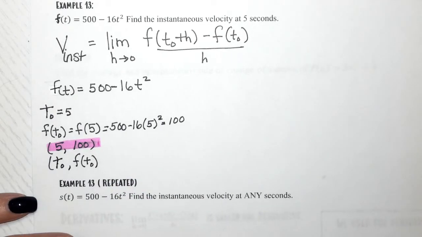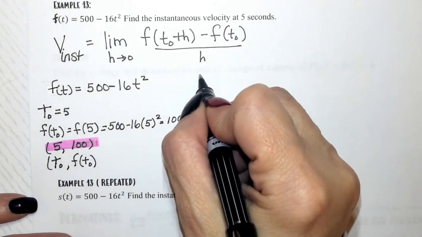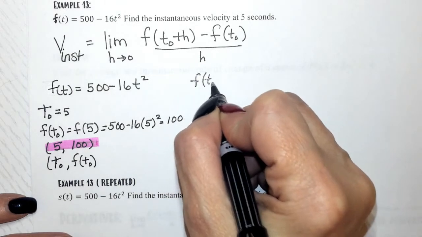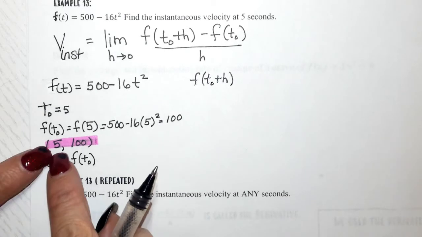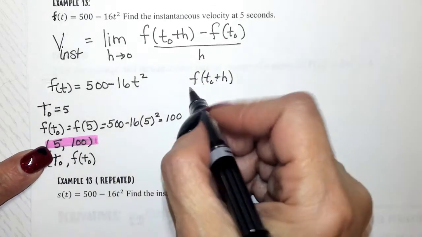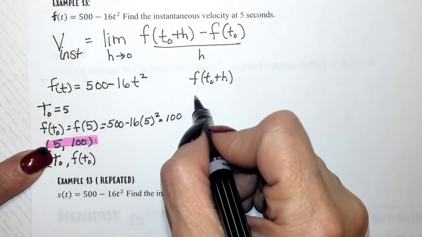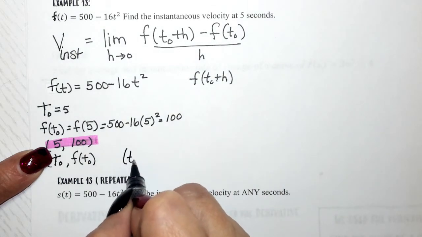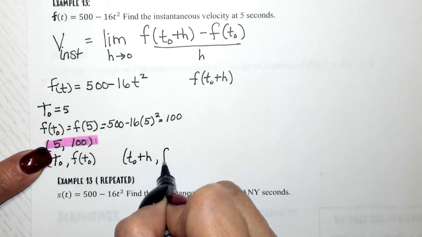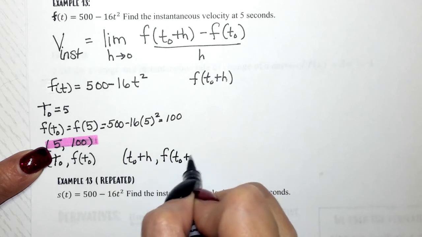Now I need to do f of t naught plus h. So I need to take t naught plus h, and f of t naught plus h, right?